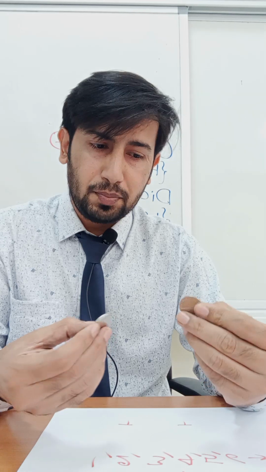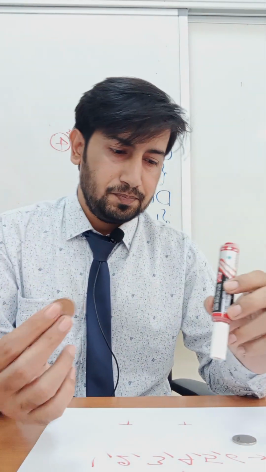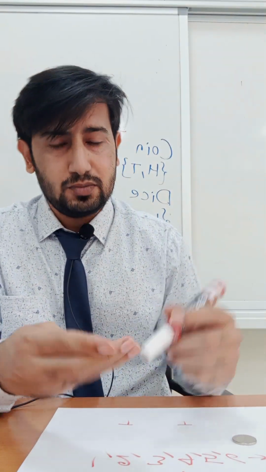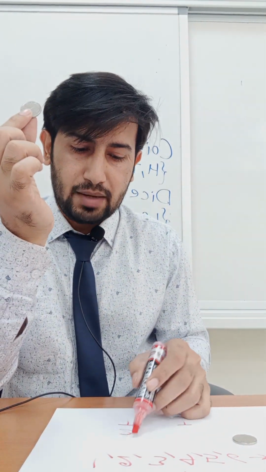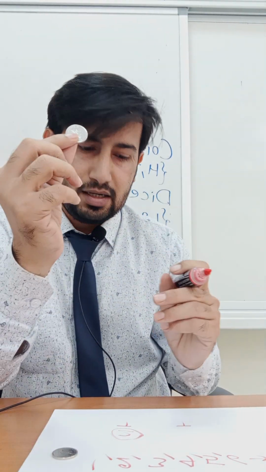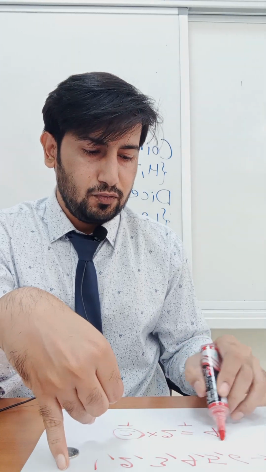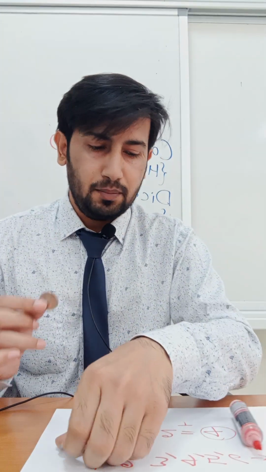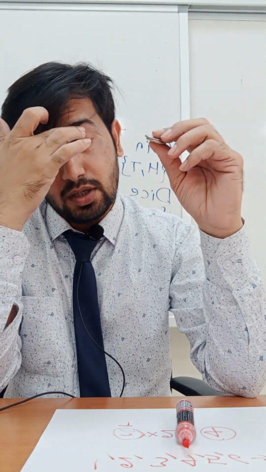Similarly, if you repeat this again and again, you will get a combination of head and tail. So how many possible combinations? For 1 coin you have 2 in the sample space, right? Head and tail. Similarly here, head and tail. So 2 multiplied by 2 will give you 4 possible combinations.